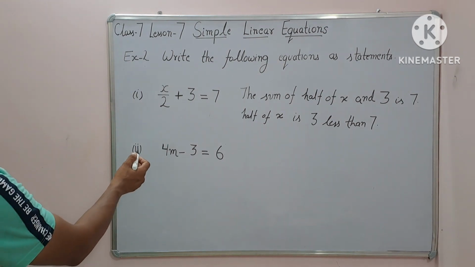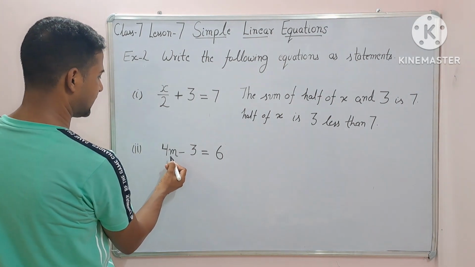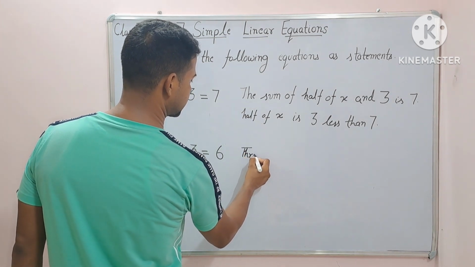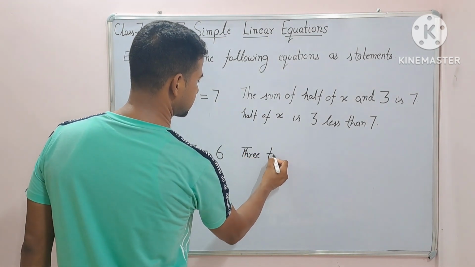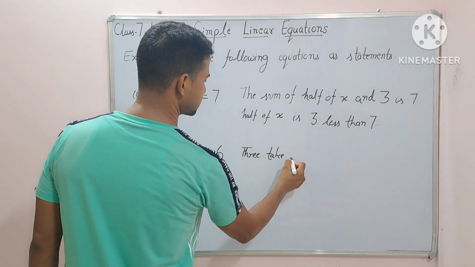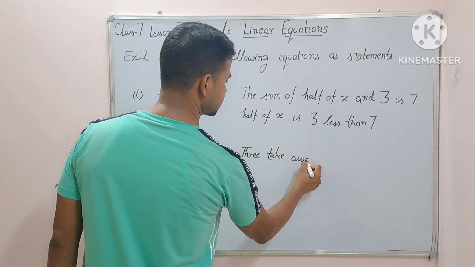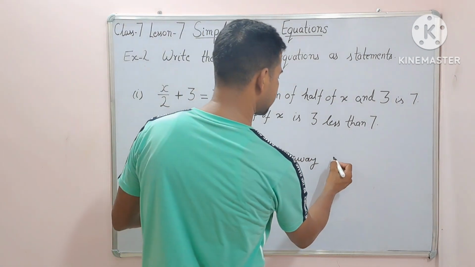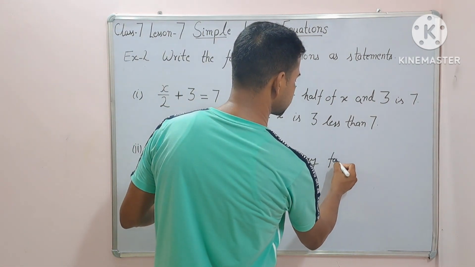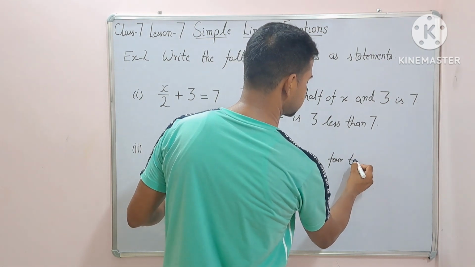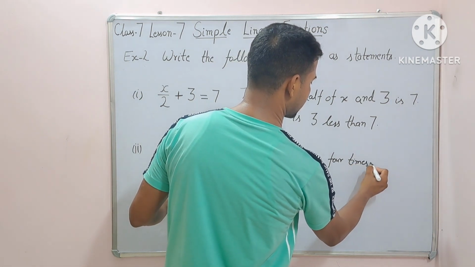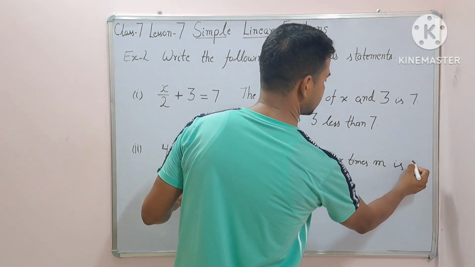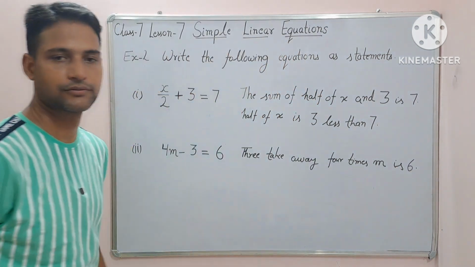Now in this, 3 take away four times m is 6. Okay.